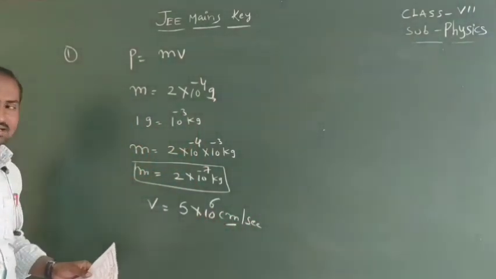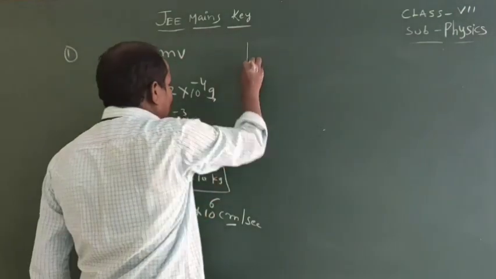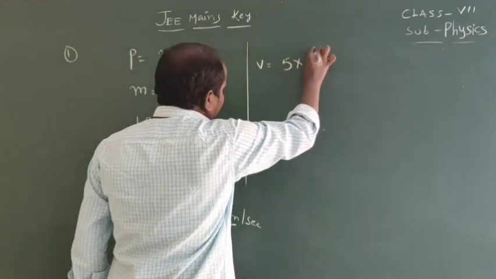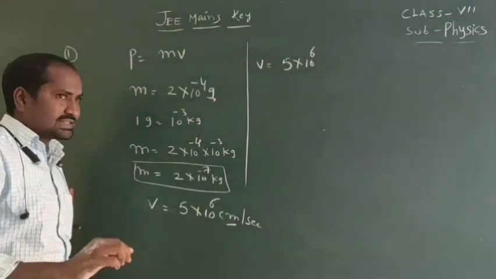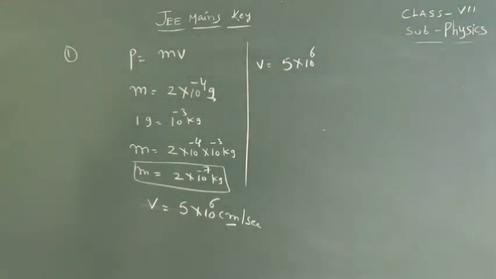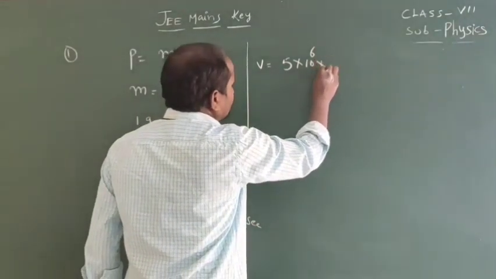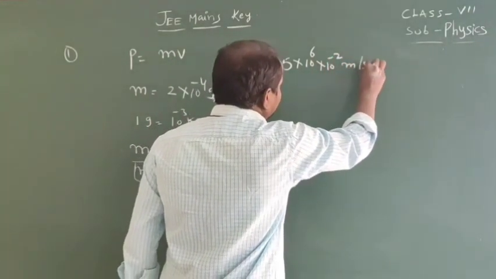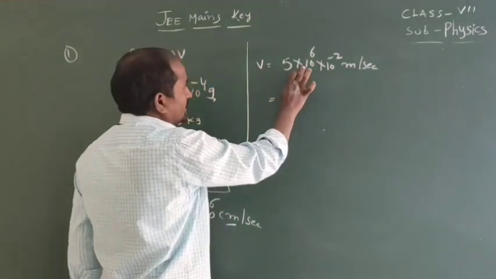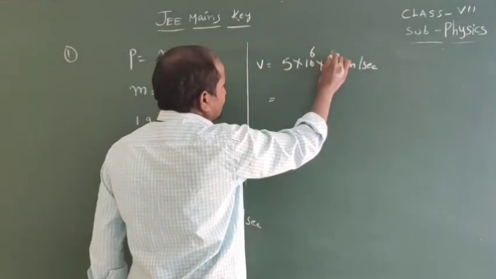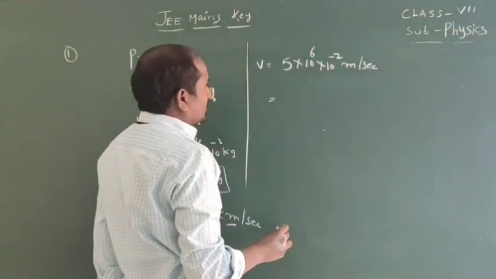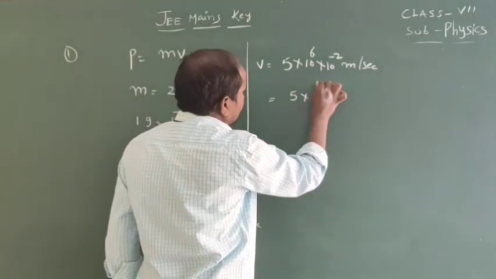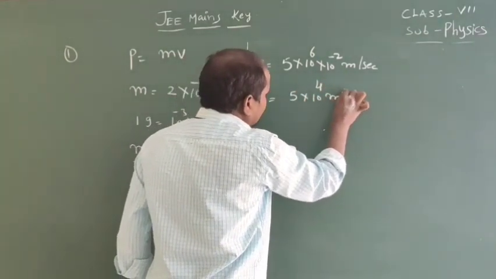So here centimeters convert into meters. 1 centimeter equals 10^-2 meters. So v equals 5 × 10^6 × 10^-2 meter per second, that is 5 × 10^4 meter per second.